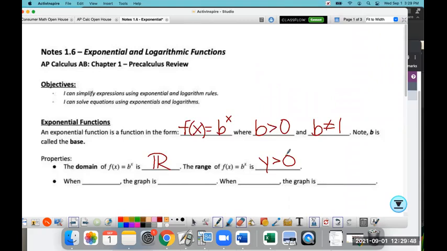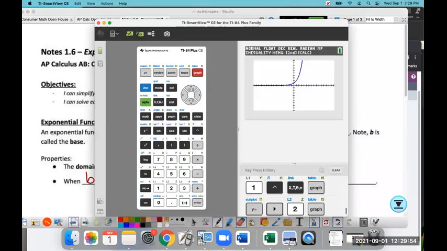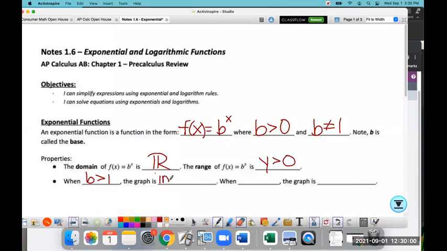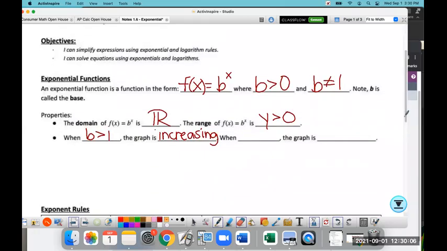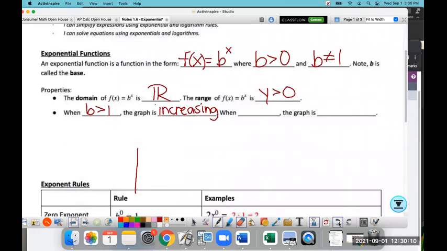All right, so then when b is greater than 1, as you just saw in our graph, I put a 2 there, your function is increasing. Like this.